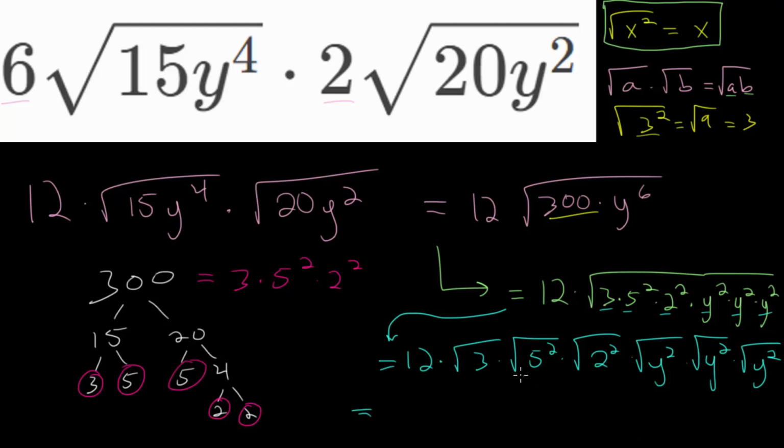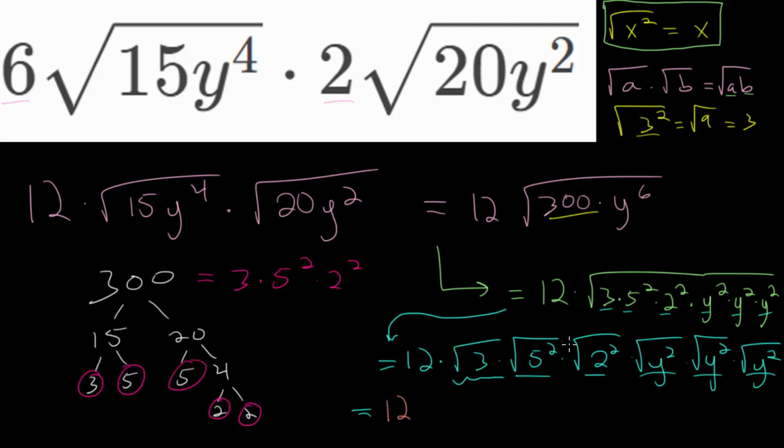And these are all perfect squares, so the square root and the square will cancel. The only thing that will remain under the square root is the 3. So this term right here will be the only term at the end that remains as a square root term. So let's simplify everything now. We have 12 out front.